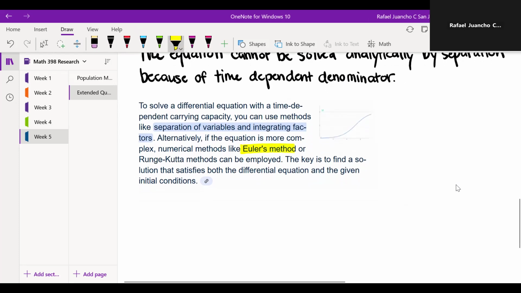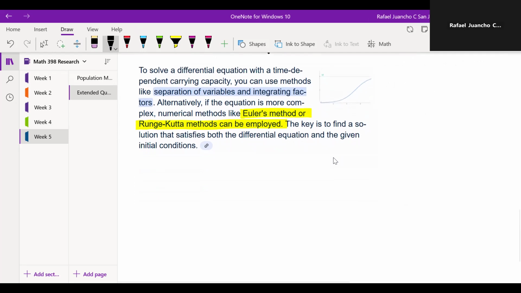Probably just do Euler's method or this. So yeah, basically I have to learn how to use numerical methods for this.